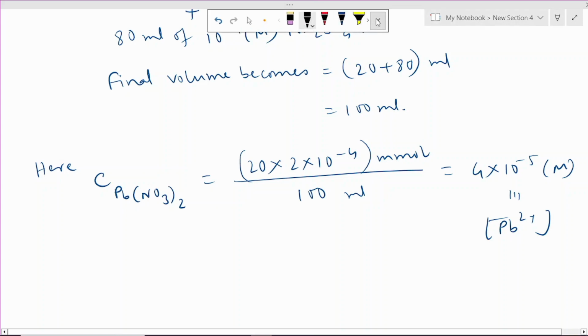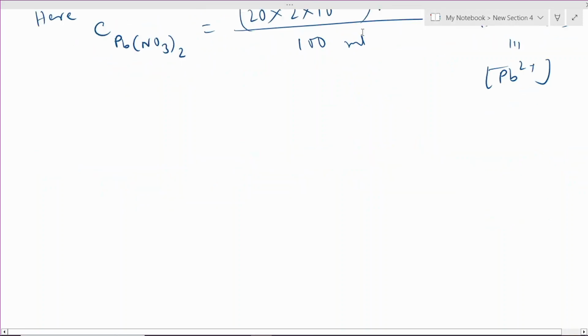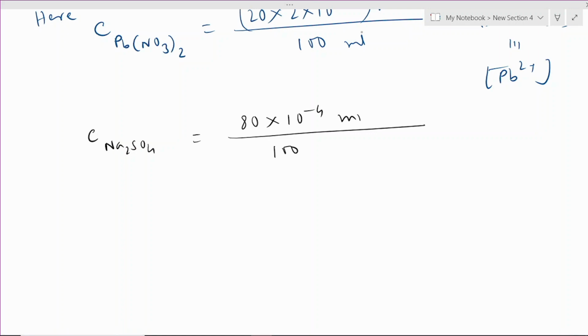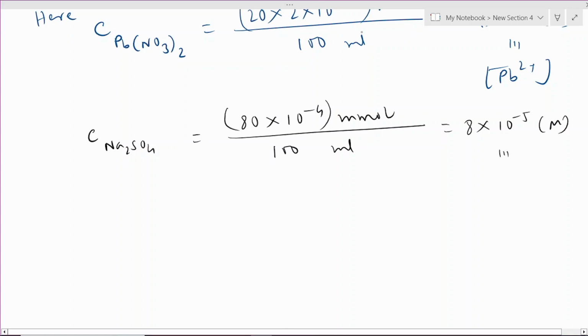And similarly concentration of Na2SO4 is 80 into 10 to the power minus 4 upon 100, that is millimole upon ml, and that is 8 into 10 to the power minus 5 molar, that is the concentration of sulfate ion.